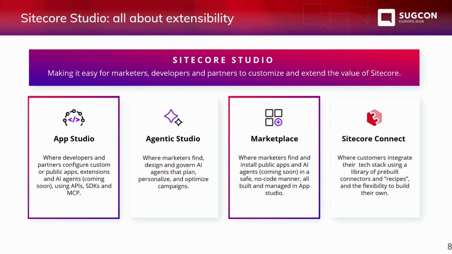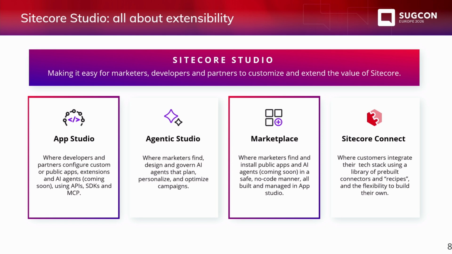The App Studio is where developers go in a portal and create their apps. They build their apps and they can configure them, which is great. And Marketplace is basically the public-facing marketplace where you can upload your apps and just distribute with the whole community. For the sake of completeness, we also have Agentic Studio and Sitecore Connect, which fall into that.